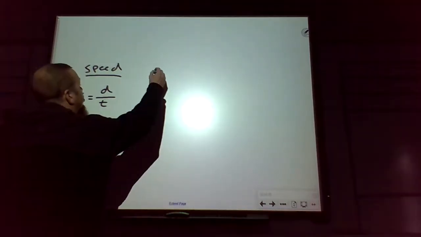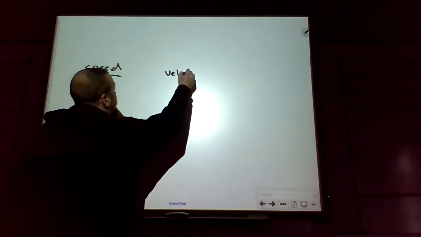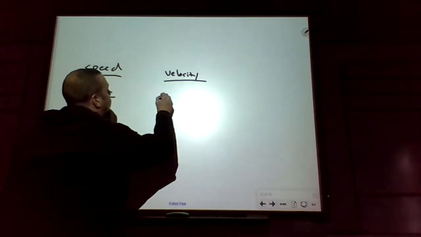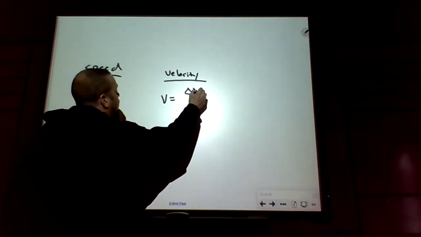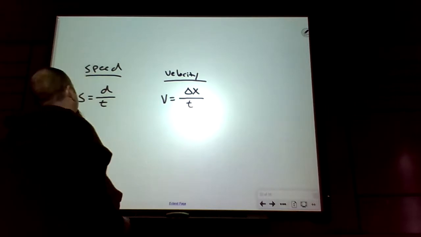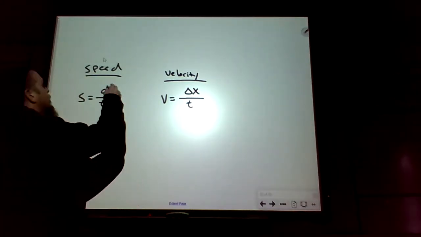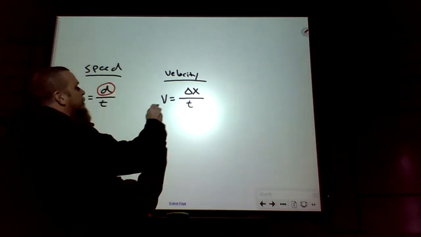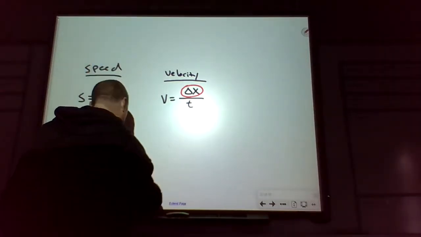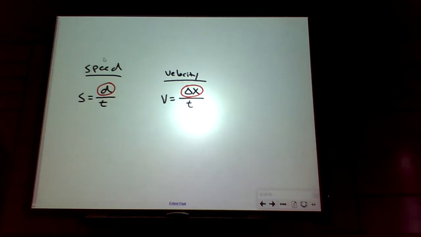Where velocity is equal to displacement over time. So there's the real difference. In a speed calculation, you're using distances. And in a velocity calculation, you're using displacements. And since distance and displacement aren't usually the same thing, speed and velocity aren't usually the same thing.